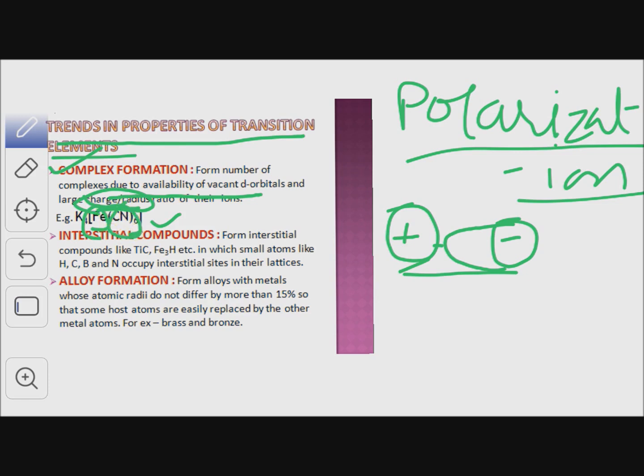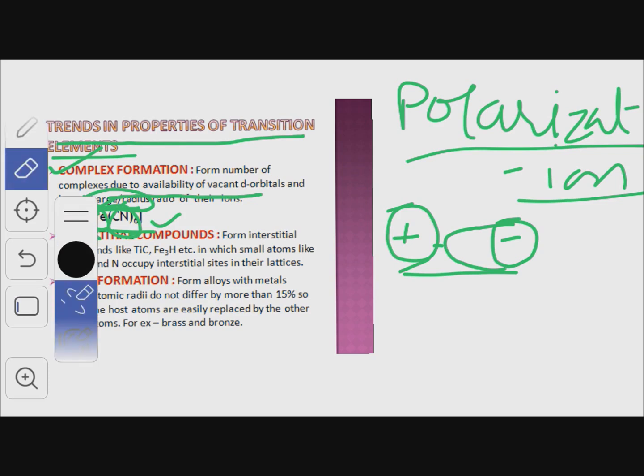Due to the smaller size of Fe, iron, they form a complex compound with the iron. And the name of this compound is potassium hexacyanoferrate.